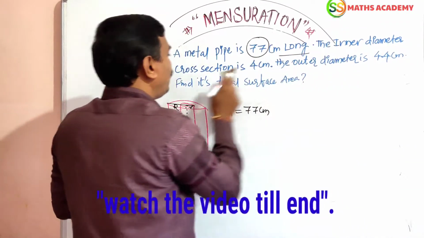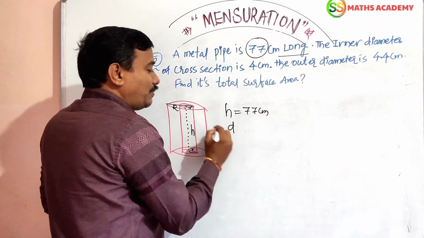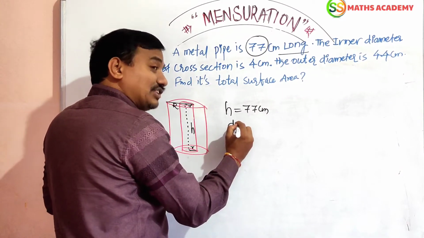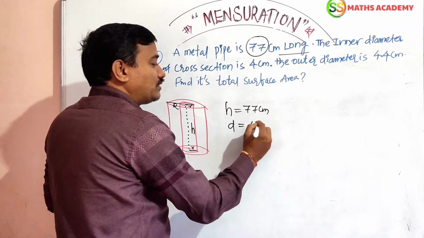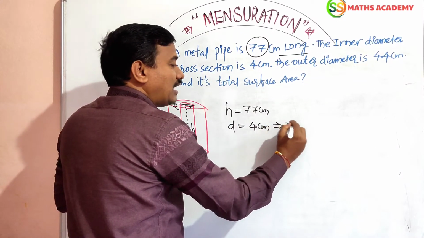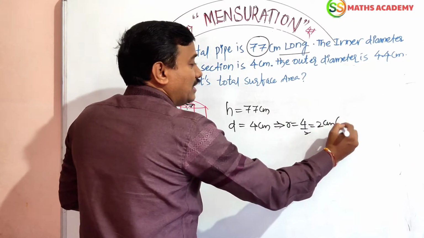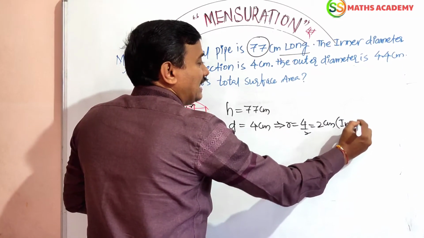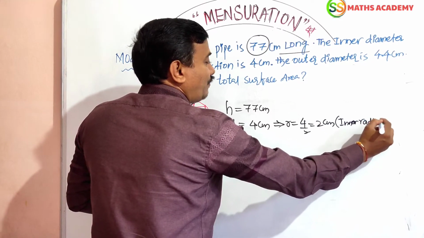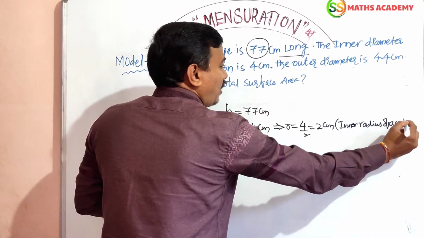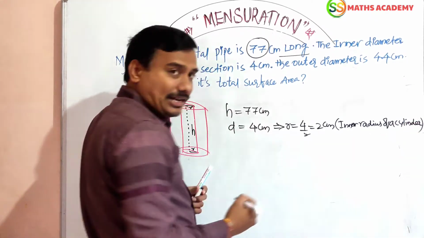Now the inner diameter is given, the inner diameter of the cylinder is 4 centimeter. That implies r is 4 by 2, that equals 2 centimeter. This is called the inner radius of the cylinder, right?